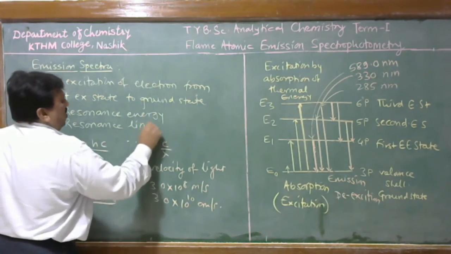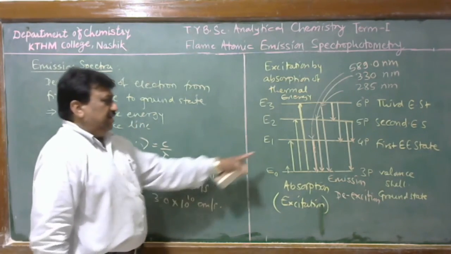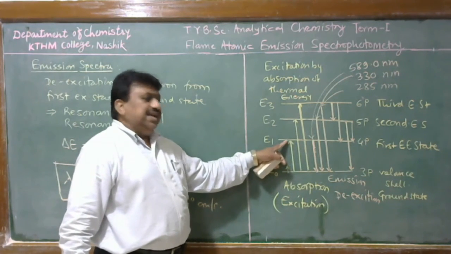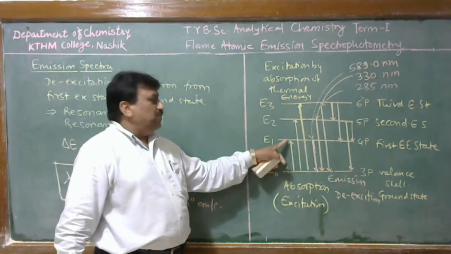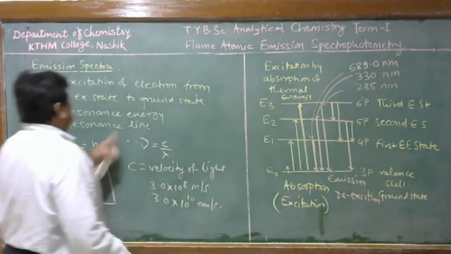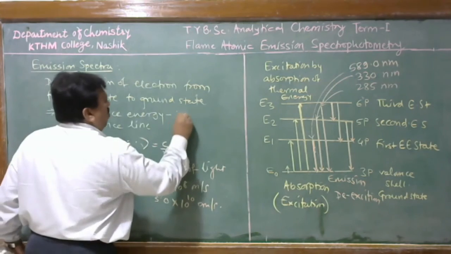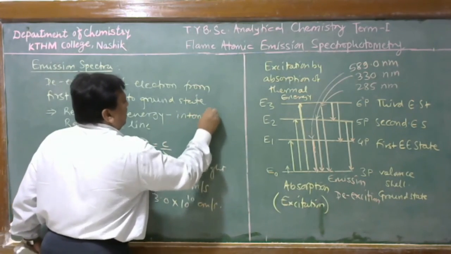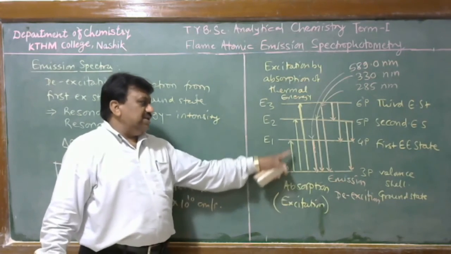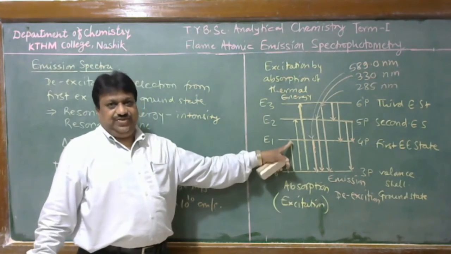The resonance line or resonance energy is the energy released when an electron is de-excited from the first excited state to the ground state level. The intensity of this resonance line is more because this type of transition easily occurs, since it requires very small energy.